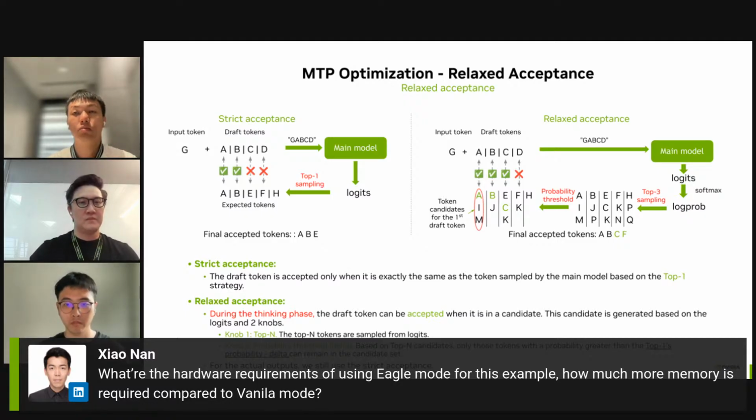Vanilla mode has different modules with different weights, so it will need more GPU memory compared with MTP Eagle. I think that's the main hardware requirement to consider. And maybe it will reduce some memory for the KV cache, because we need more GPU memory to save these weights.